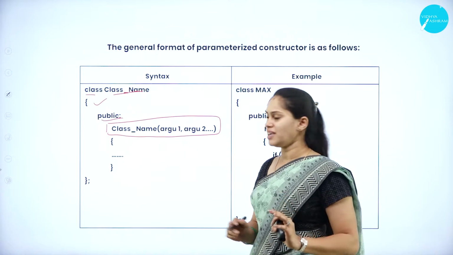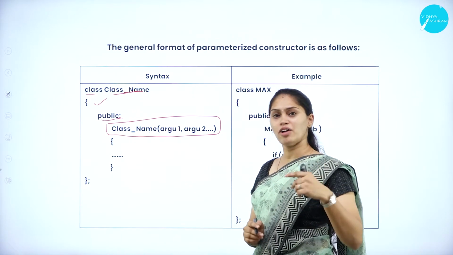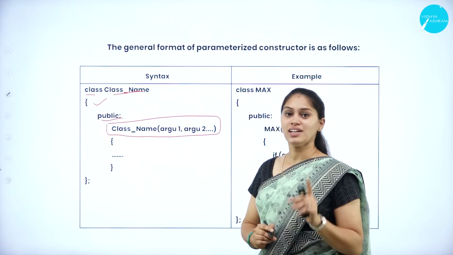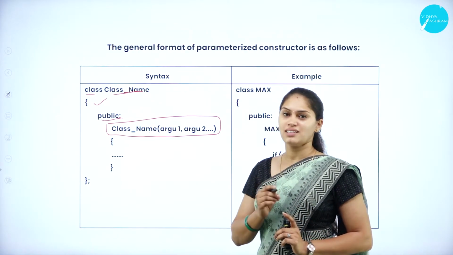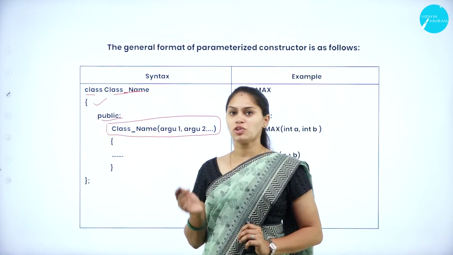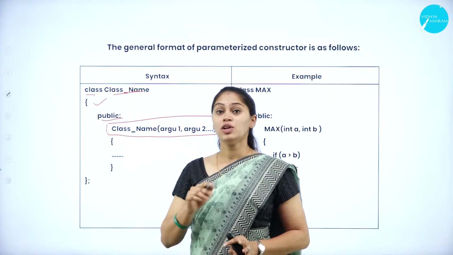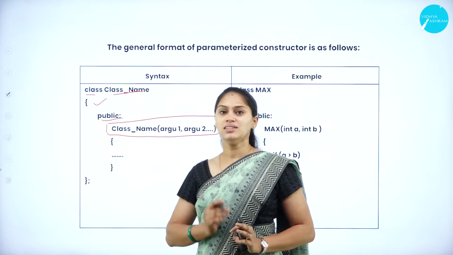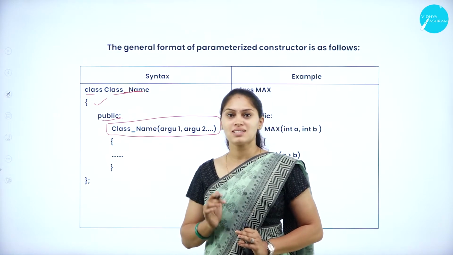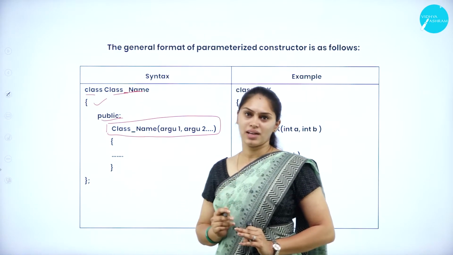So how can I identify this as a constructor? Again, you have to go back to the rules of constructor. If all the conditions are satisfied, then I can call this a constructor. Coming to this parameterized constructor, what is it going to accept? It is going to accept two or more arguments within the parenthesis. That means it is going to accept two or more variables as arguments or parameters.